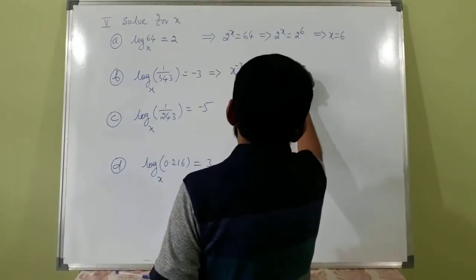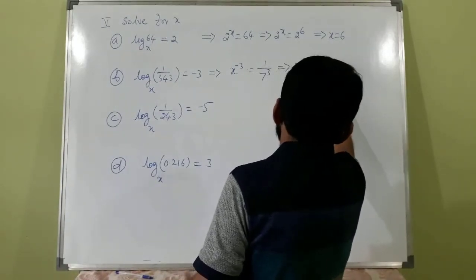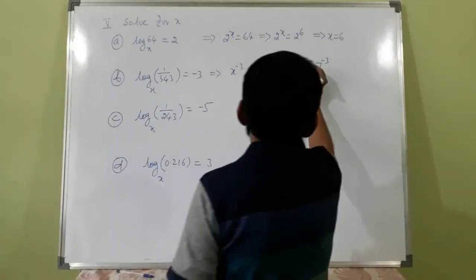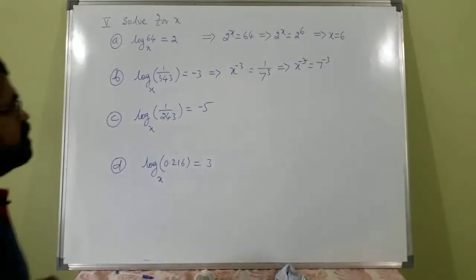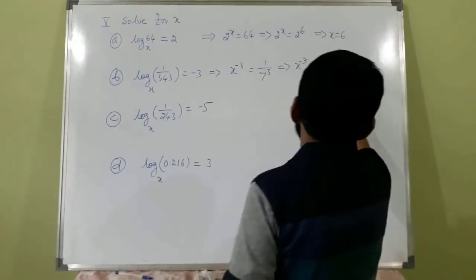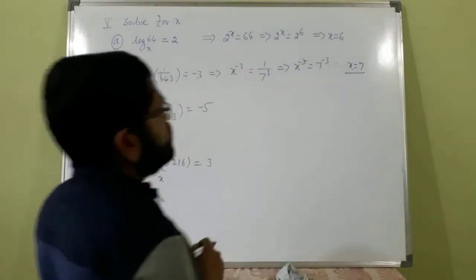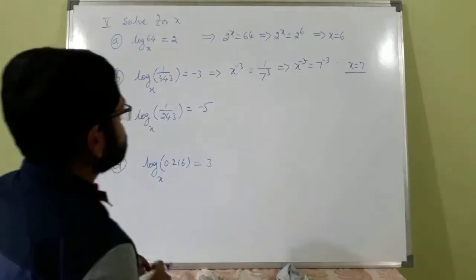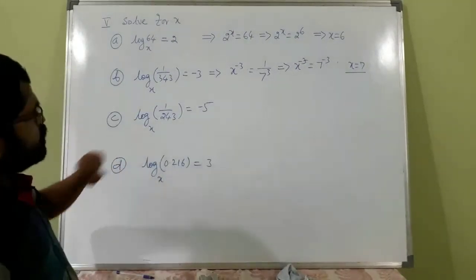That implies x raised to minus 3 is equal to 7 raised to minus 3. So x is equal to 7. This is not always okay; we can do this assuming the bases are the same, then x is equal to 7. What about this one?